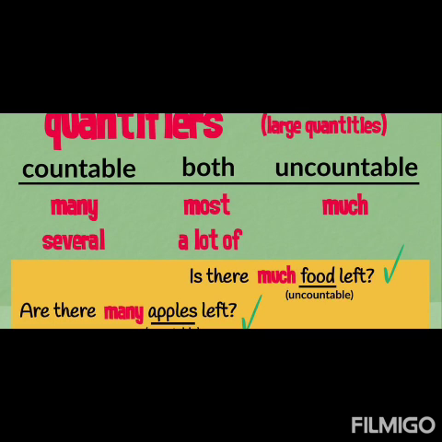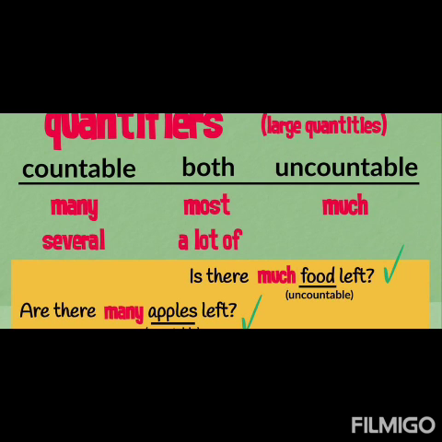Quantifiers that are used to refer to large quantities are much, many, most, several, a lot of. Many and several are used with countable nouns. Much is used with uncountable nouns. Most and a lot of are used with both countable and uncountable nouns.